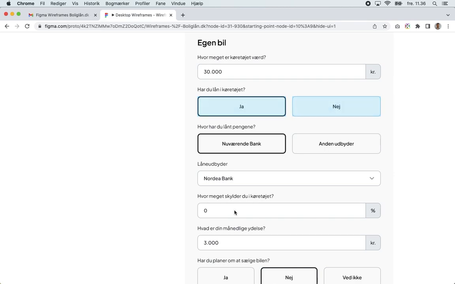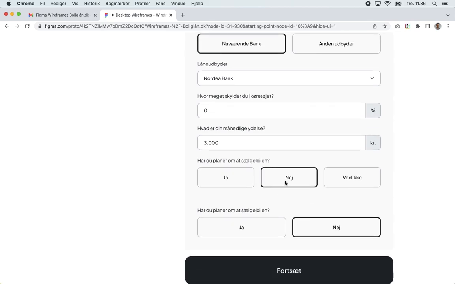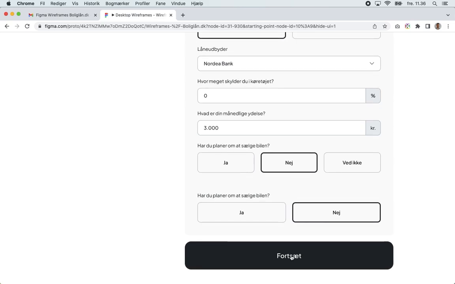How? It's already filled out. Okay. This one is 2 times.